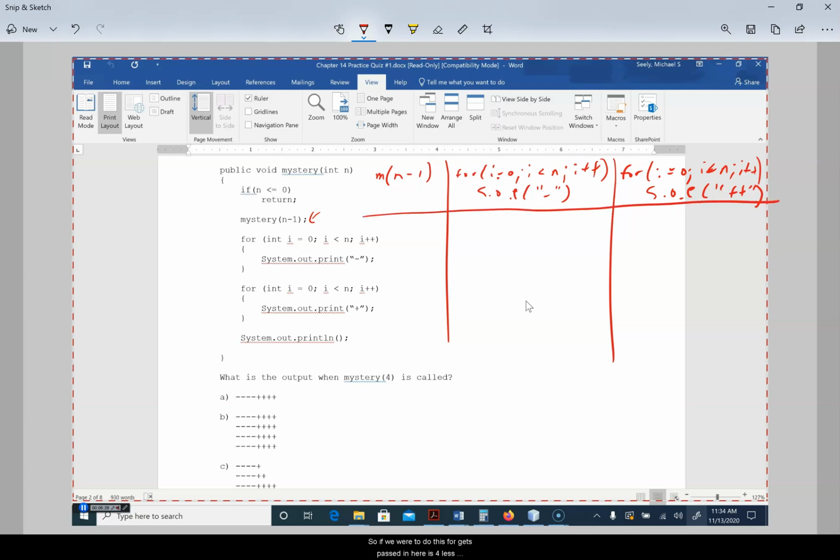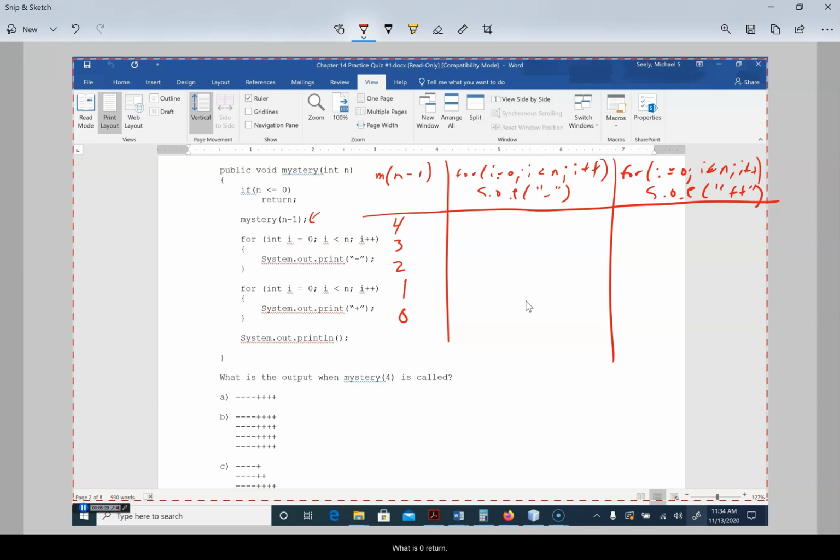So if we were to do this, 4 gets passed in here. Is 4 less than or equal to 0? Nope. So then 4 gets passed in, that becomes 3, then it becomes 2, then 1, and then 0.